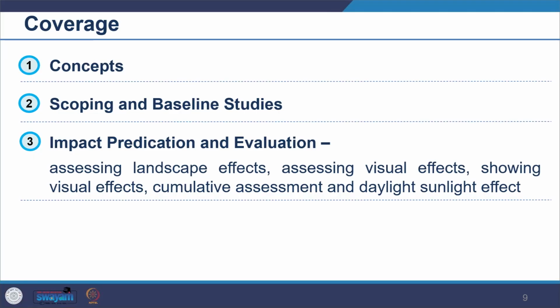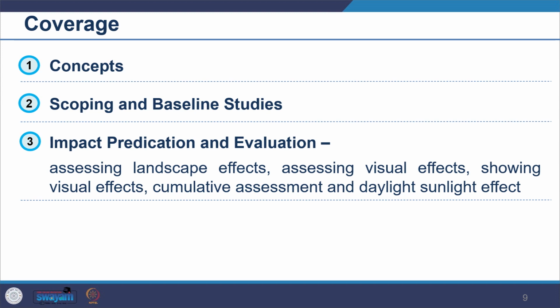For these components, we have already seen the legislative, the legal aspect of it. So for this session, our coverage will include the concepts involved, a few more concepts we are going to look at, and then what is really done at the scoping and baseline study stage pertaining to landscape and visual assessment.